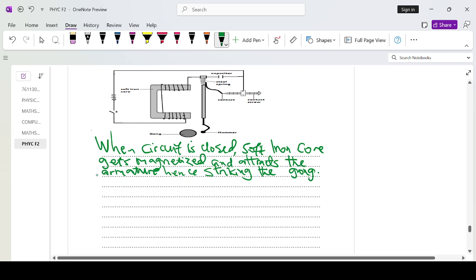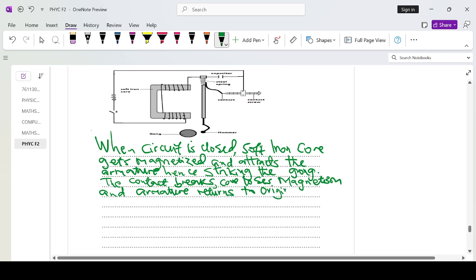The contact breaks. Once the contact breaks, the core loses magnetism, and the armature returns to the original normal position.